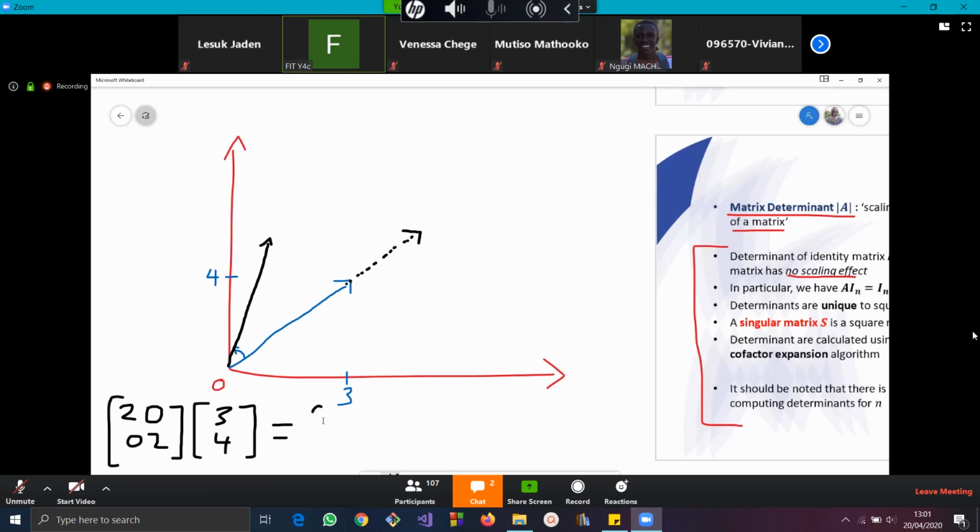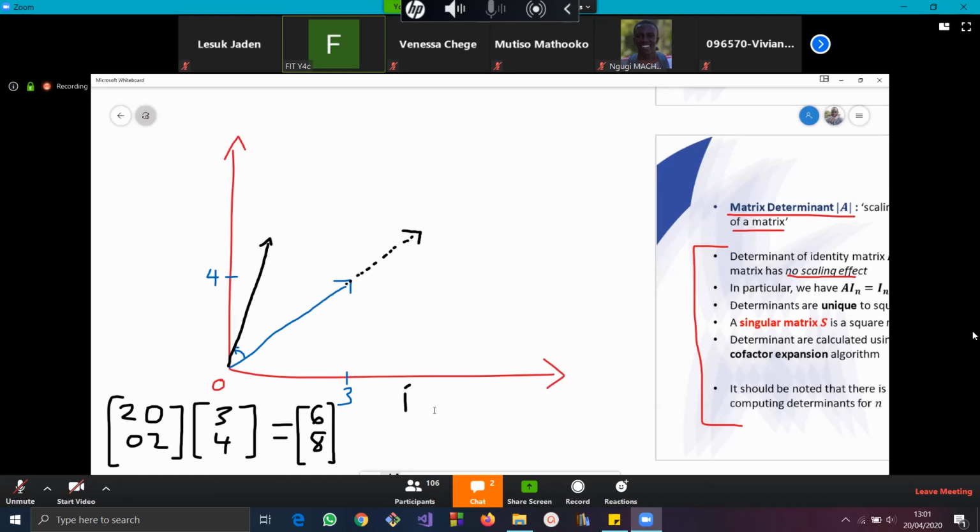So the answer will be 6. And then you multiply this like this, then this like this to get the second element, 0 plus 8. You see, when you multiply a matrix with a vector, you just get a new vector, okay? So a matrix times a vector, you get a new vector.